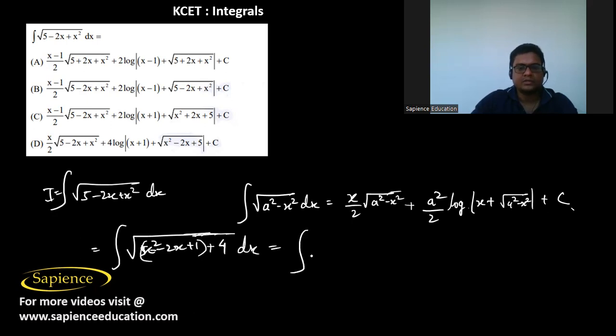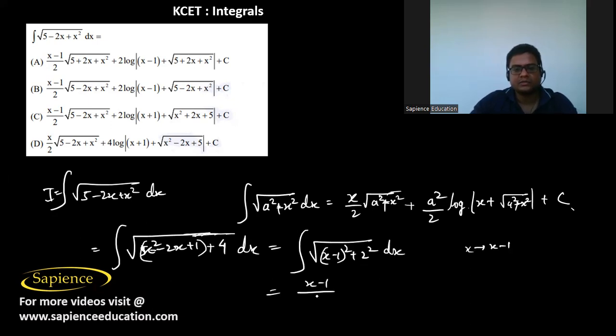Okay, so this will be integral square root of x minus 1 whole square plus 2 square dx. So a square plus x square also will be like this, same, only here plus will come. So here x should be replaced with x minus 1.